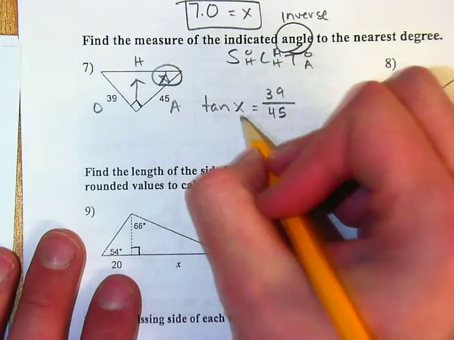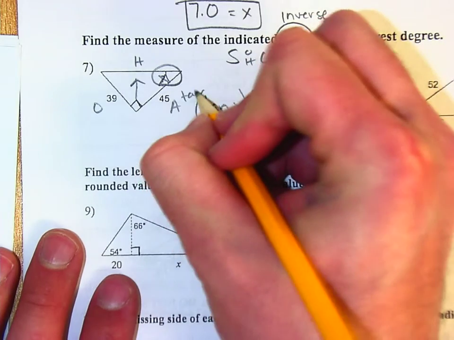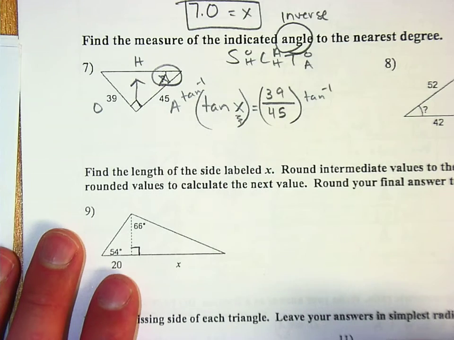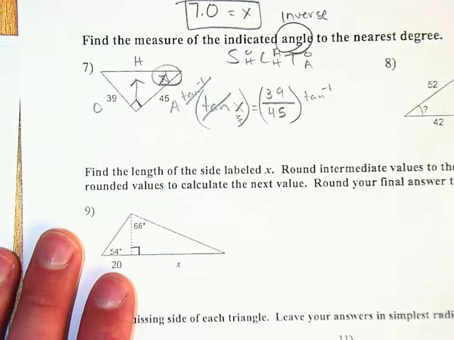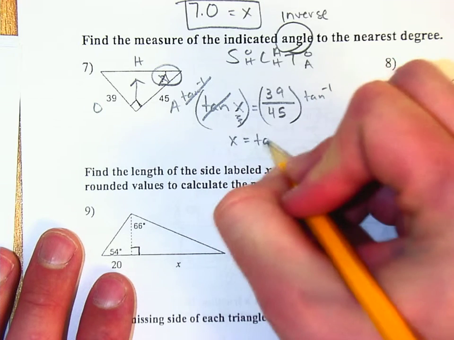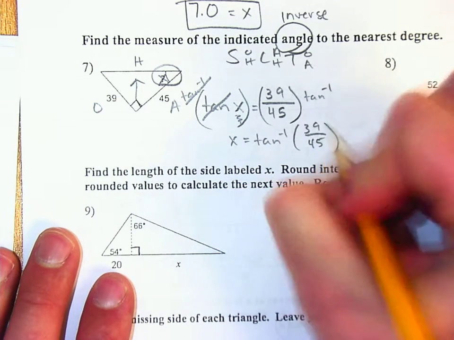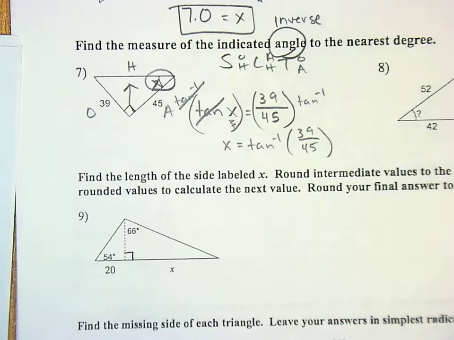And if we're solving for an angle, we use the inverse. It just looks like the trig ratio with a -1 power. And it cancels out tangent. Now we take this and plug it exactly into our calculator. We do have to be careful because we have to make sure that the inverse tangent comes first when we plug it in.